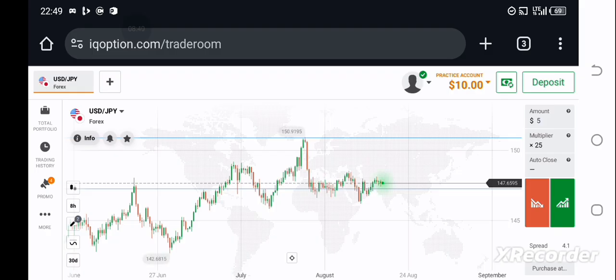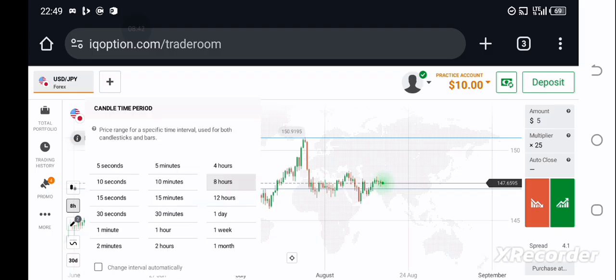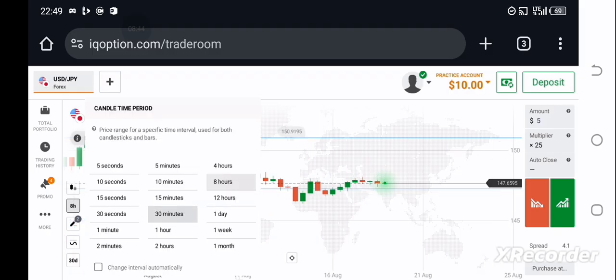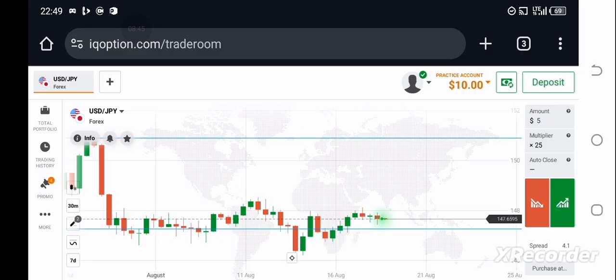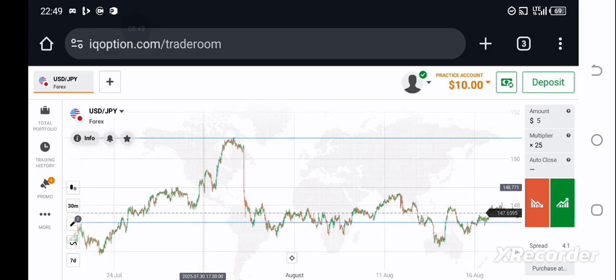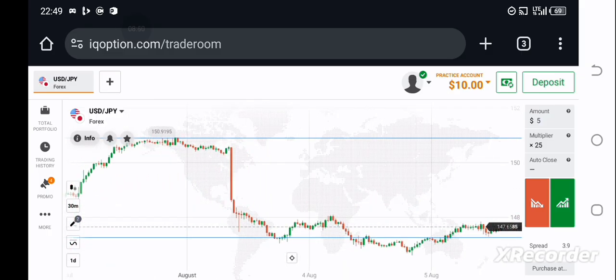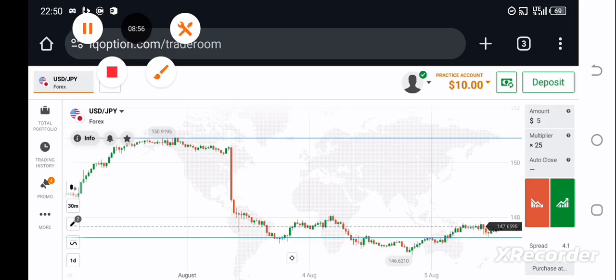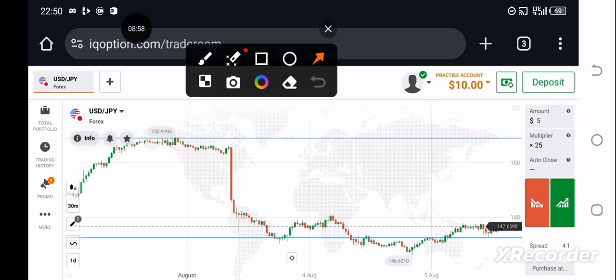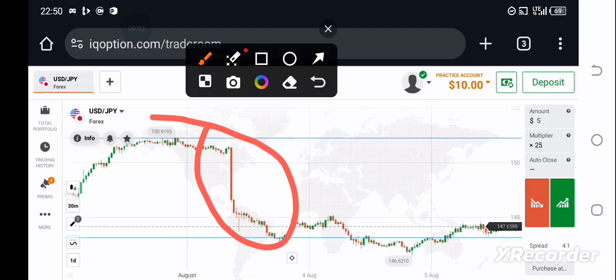You can see. Let's see 30 minutes. So you can see for 30 minutes the massive bearish movement. You can see this is it here for the 30 minutes candlestick. This is it.